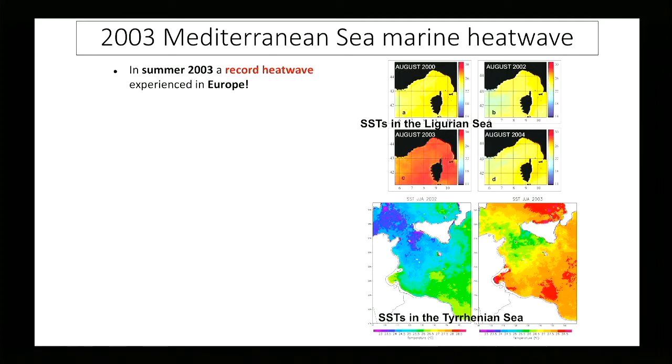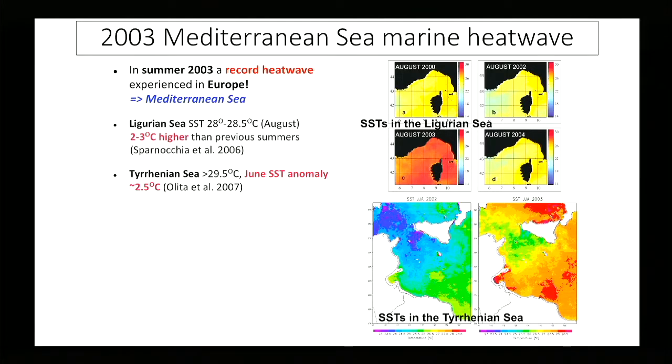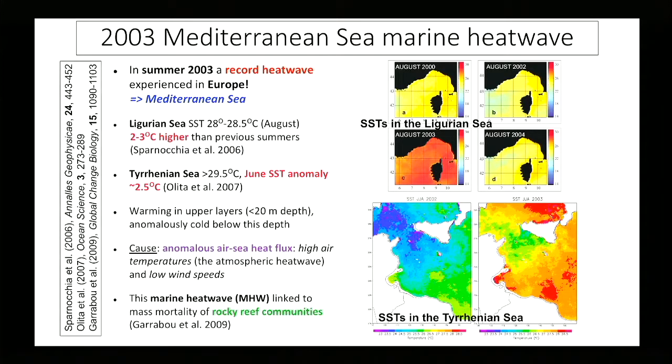But associated with that was a top-down heating of the Mediterranean Sea down to probably less than 20 metres depth that was driven by anomalous air-sea heat fluxes associated with the atmospheric heat wave. And it had important consequences for rocky reef communities, and there are some papers there that I've put in the vertical. Maybe you can turn it on its side when you look at your notes. I ran out of space on my slide.